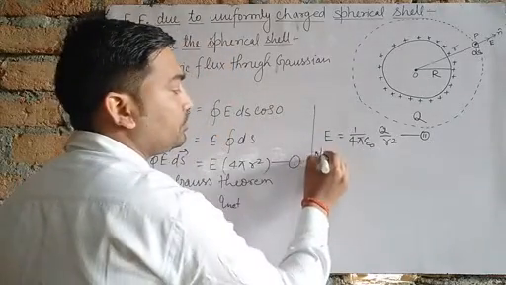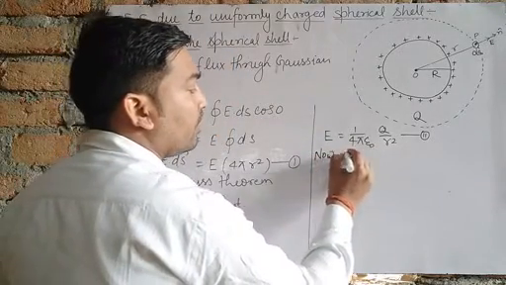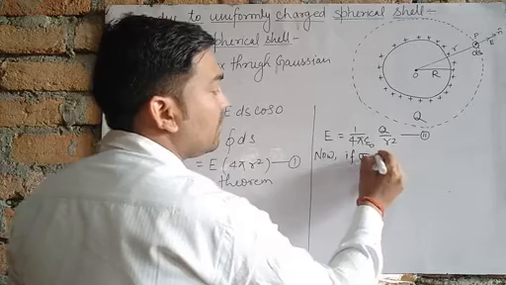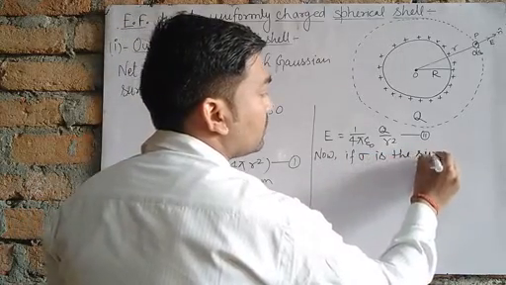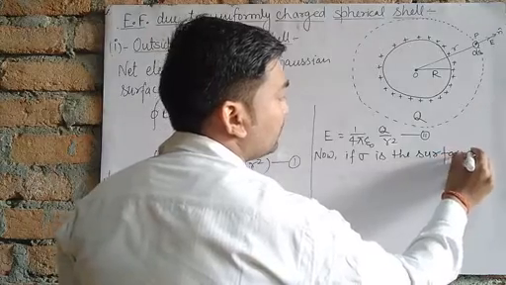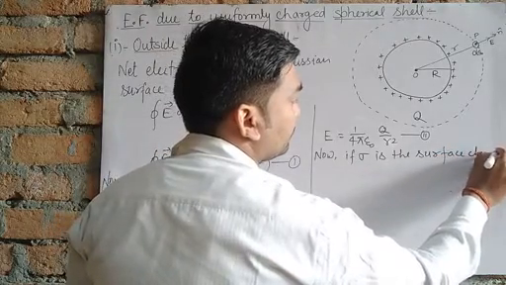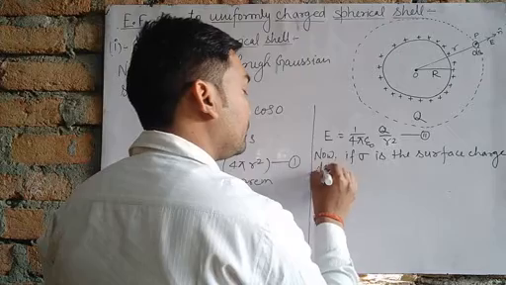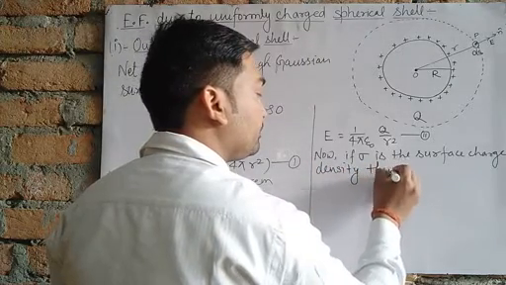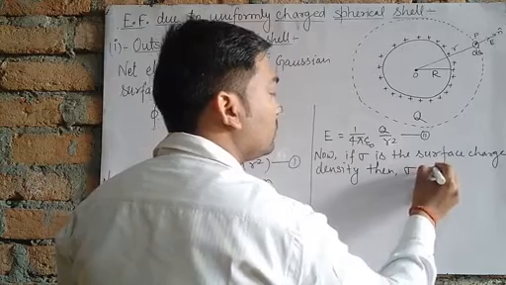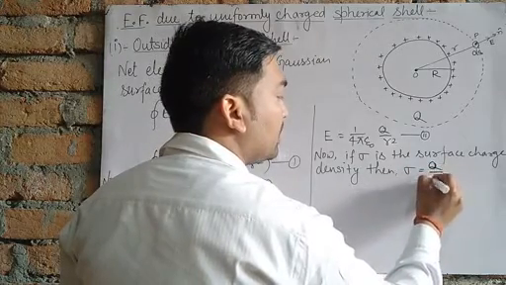Now, if sigma is the surface charge density, then sigma equals total charge upon total area.